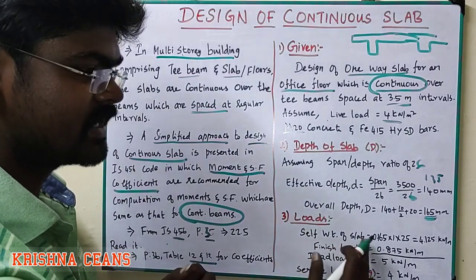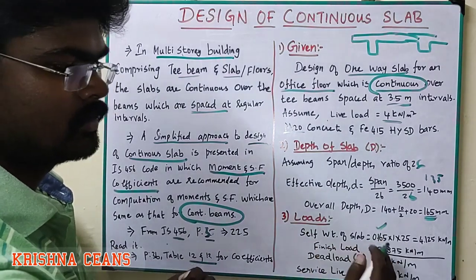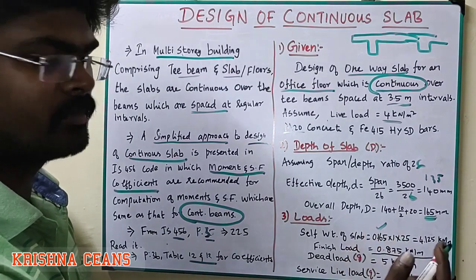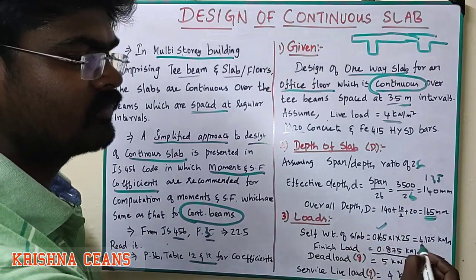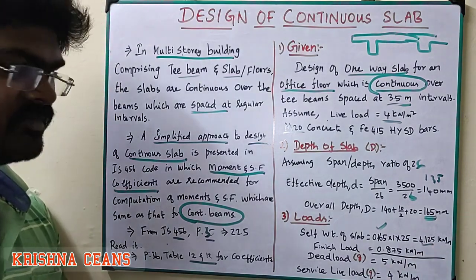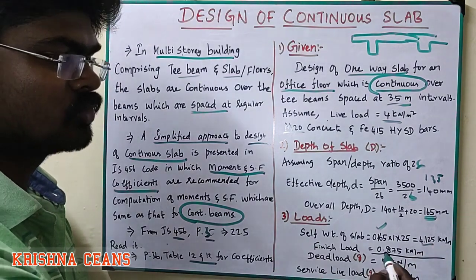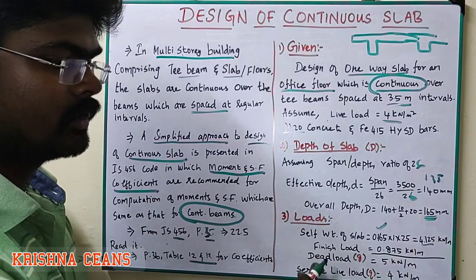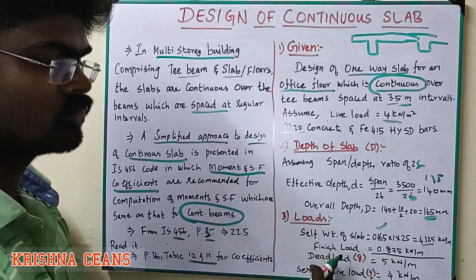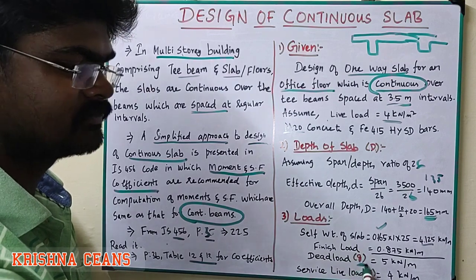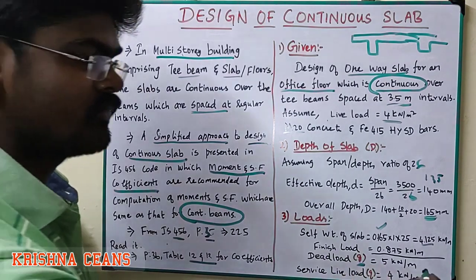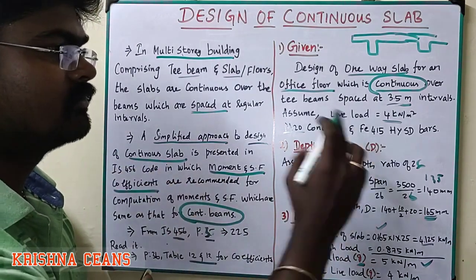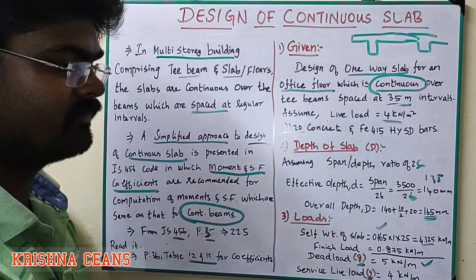Self weight of slab: overall depth 165 mm into 1 meter and 25 kilonewton per meter cube, so 4.125 kilonewton per meter. Then finishing load, we will assume 0.875 kilonewton per meter. The total load we take as G, so 5 kilonewton per meter dead load. Then live load, we will assume 4 kilonewton per meter, which we take as Q.